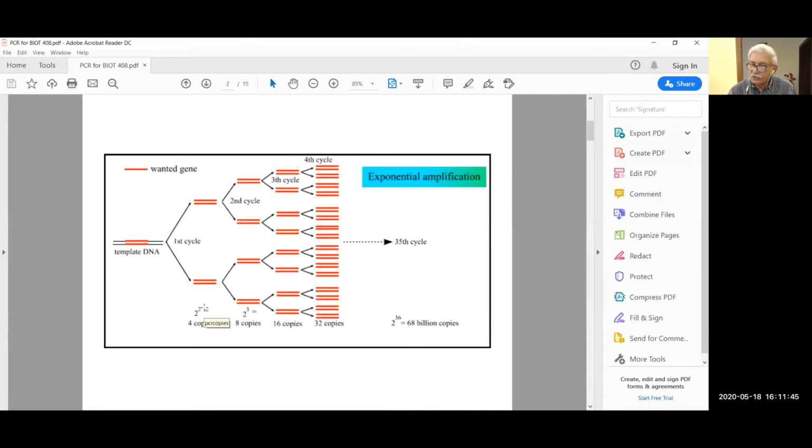Okay? So, for example, if you have run your PCR for 36 cycles, starting from 2 template molecules, at the end of 36 cycles, you should have 68 billion copies.